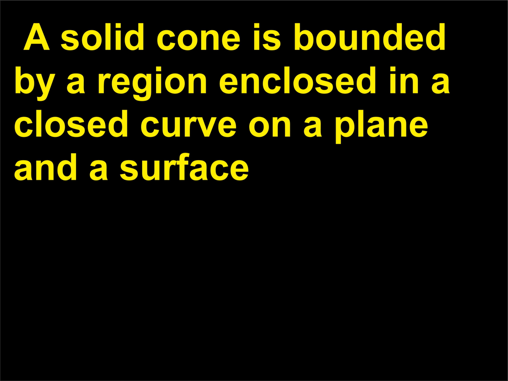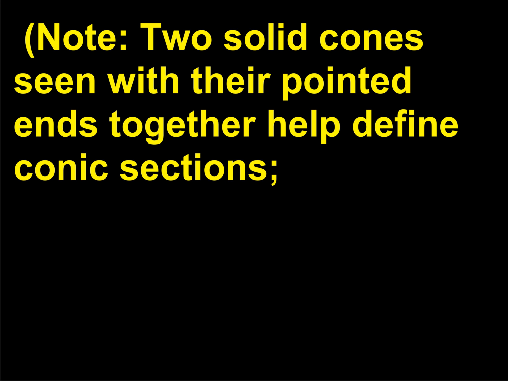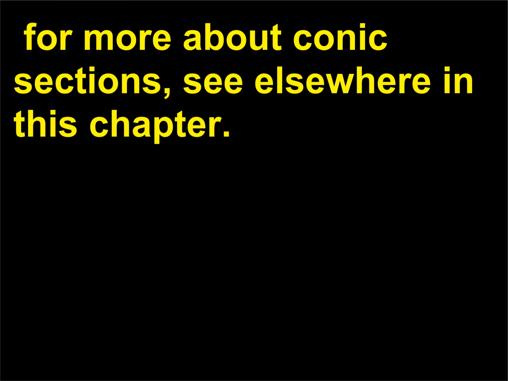A solid cone is bounded by a region enclosed in a closed curve on a plane and a surface, formed by segments joining each point of the closed curve to a point that is not in the plane. Note, two solid cones seen with their pointed ends together help define conic sections. For more about conic sections, see elsewhere in this chapter.